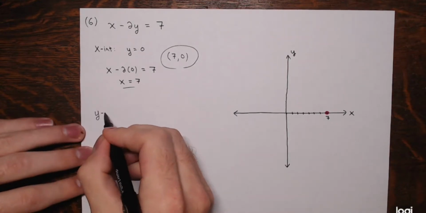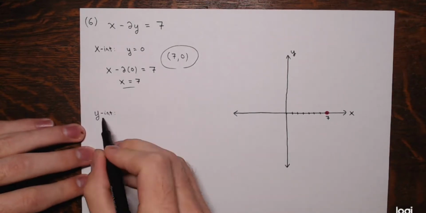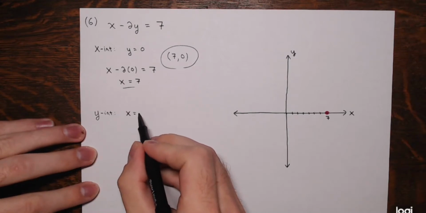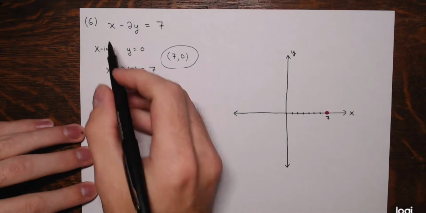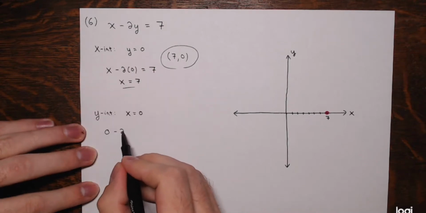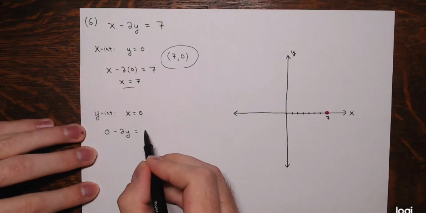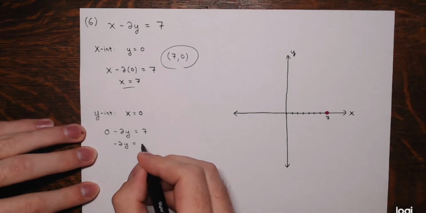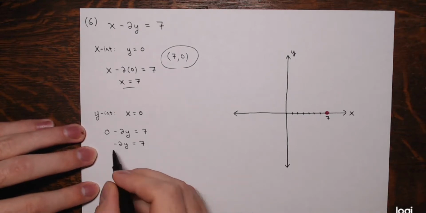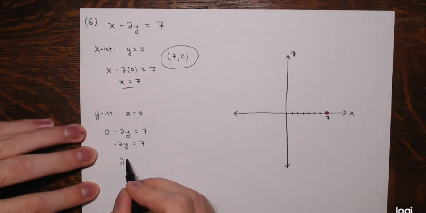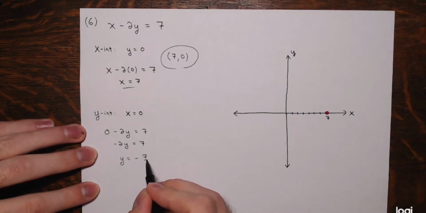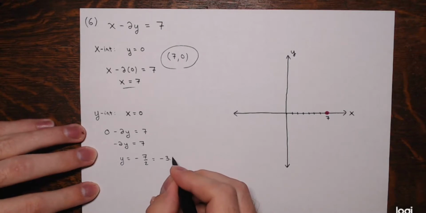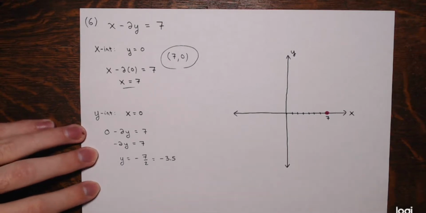Then for the y-intercept, right, again just y-int, you replace x with 0, the x coordinate with 0. So we have 0 minus 2y equals 7. Well, that's just negative 2y on the left equals 7. And then I would divide by negative 2, so y equals negative 7 halves, or if you want a decimal, negative 3.5, right? 7 divided by 2 is 3.5.